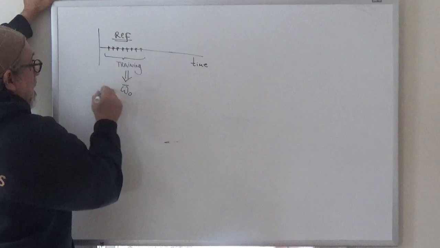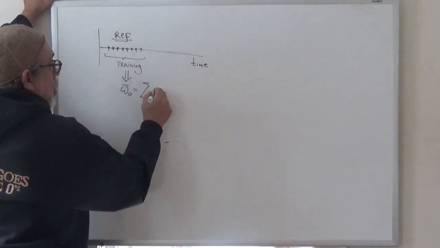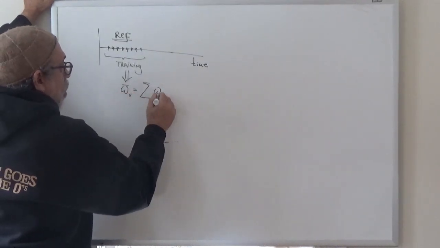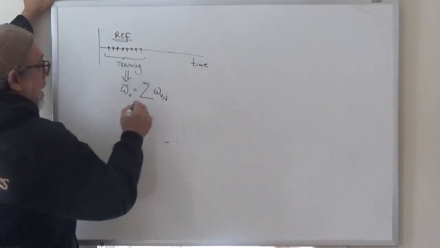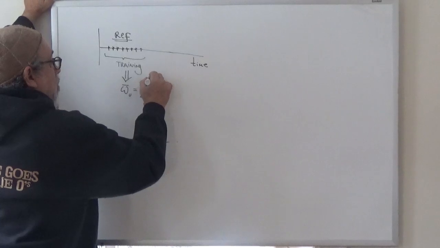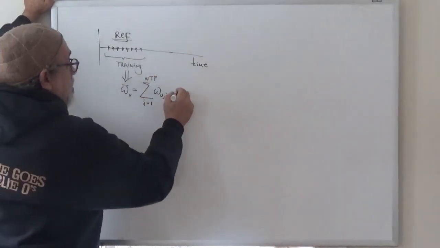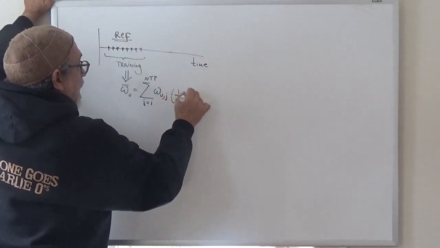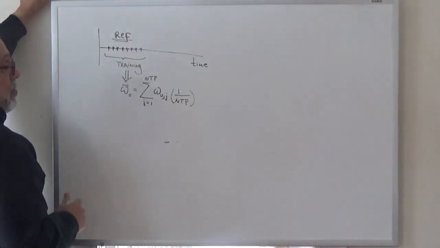So the mean is just simply the summation of all the undamaged ω_j's measured, from j equal to 1 to the number of training points that we have, times 1 over the number of training points. That is the mean by definition, right?